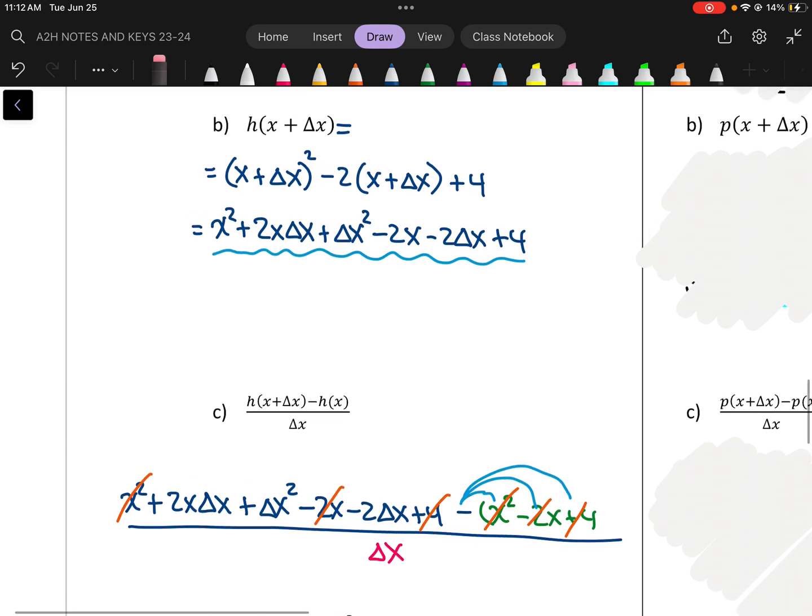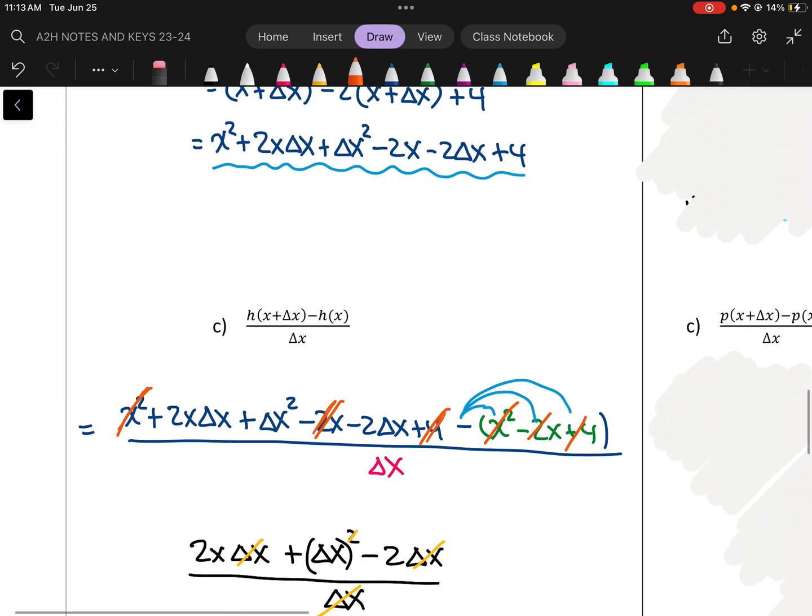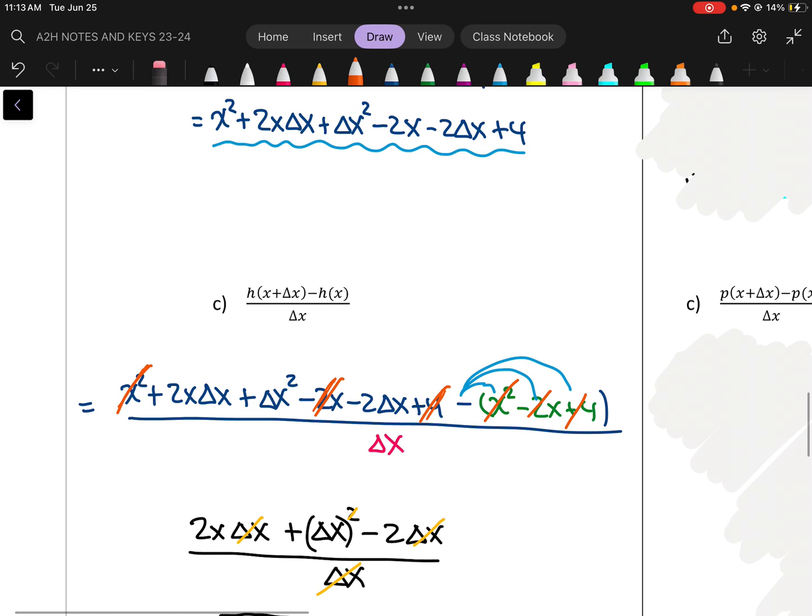Now, similar to the second example we did above, hopefully you see that when you distribute that negative, you get some opposite terms going on. And that x squared, the negative 2x, and the 4 should combine to be 0 with all the terms for h of x. Then you end up with 2x delta x plus (delta x) squared minus 2 delta x.